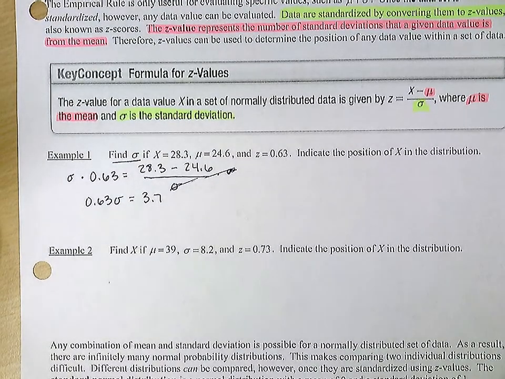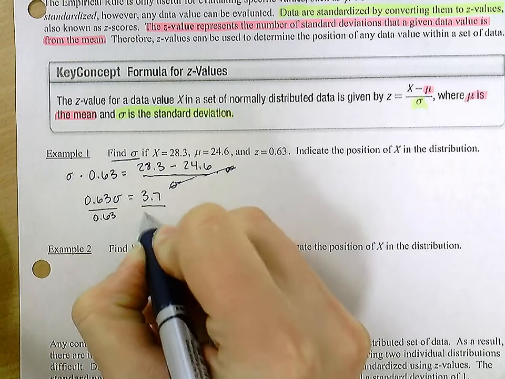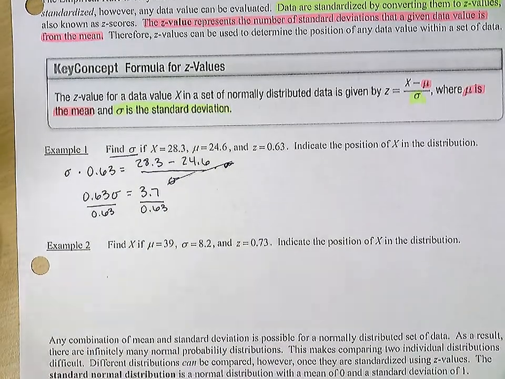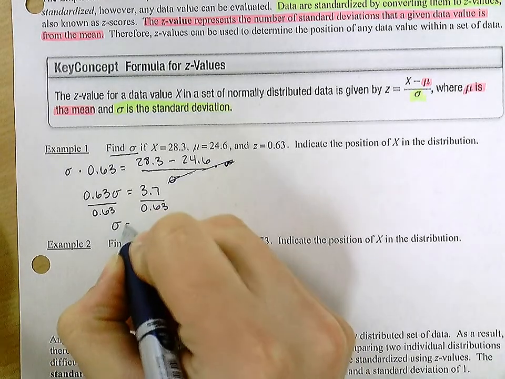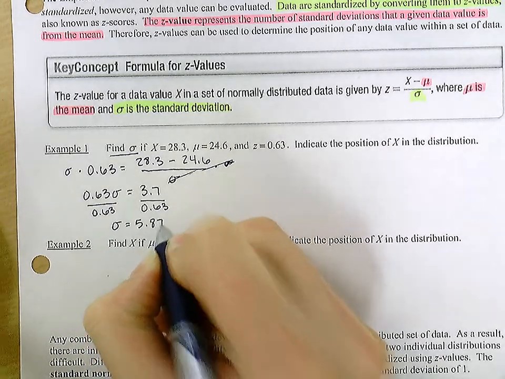To get sigma by itself, divide both sides by 0.63. Your sigma is equal to 5.87.